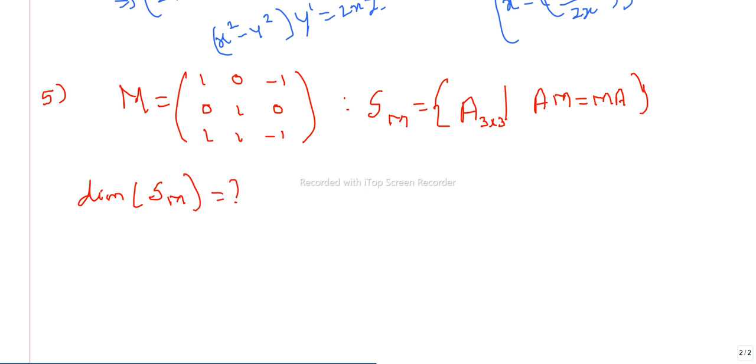The first option is 0, second option is 1, third option is 2, and then 3.